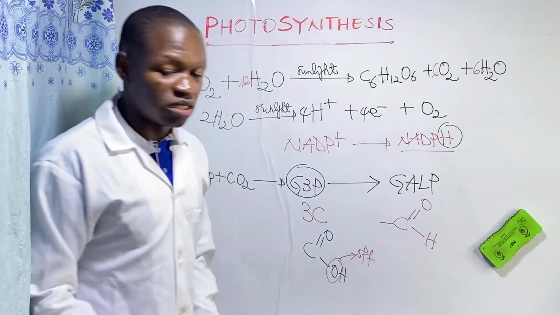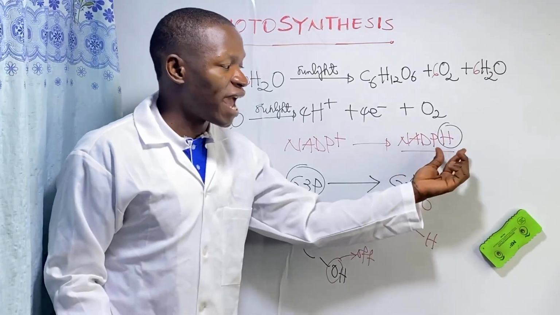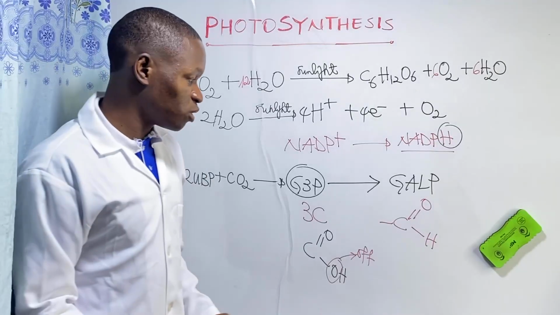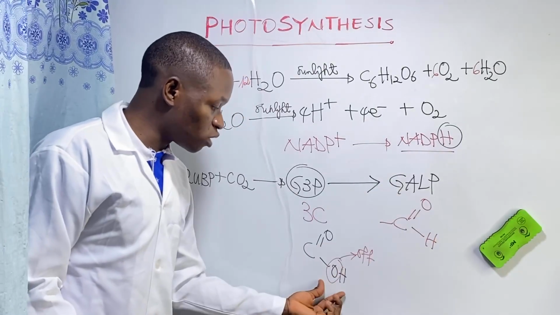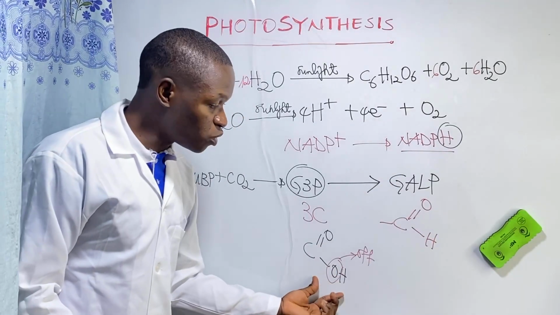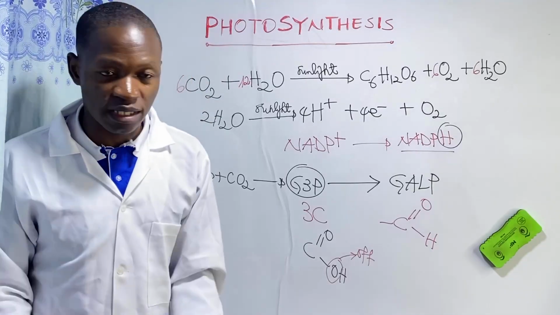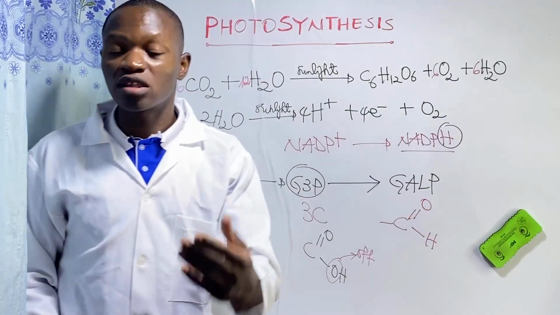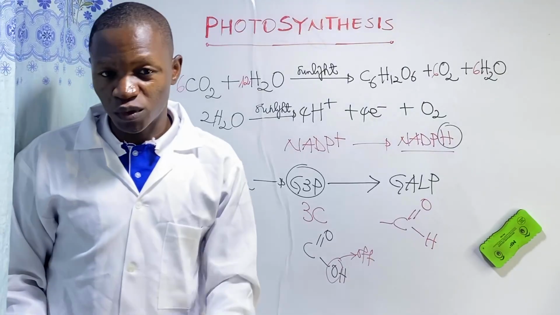And how is the oxygen removed? It is removed by the hydrogen, which NAD brings from the light-dependent reaction. So when the hydrogen combines with the oxygen from the hydroxy group, it forms water. And that's why we say that water is also produced as one of the products of photosynthesis.